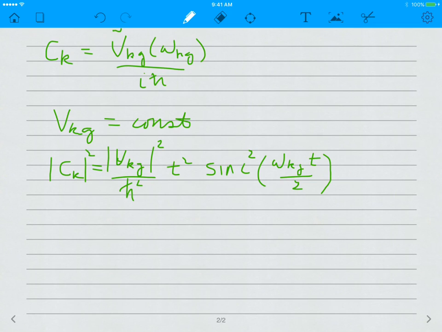And so then the idea there is that if we plot this as a function of omega kg, we have something centered at 0 and a function that looks like this.